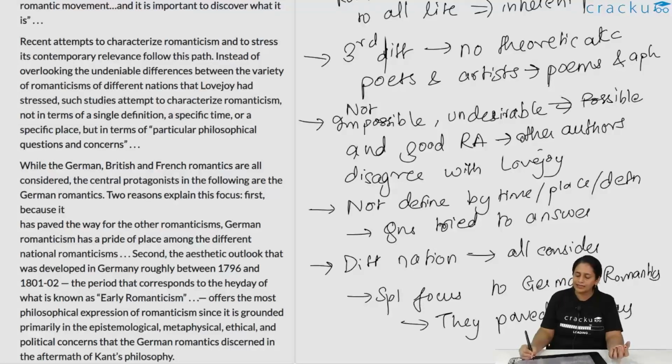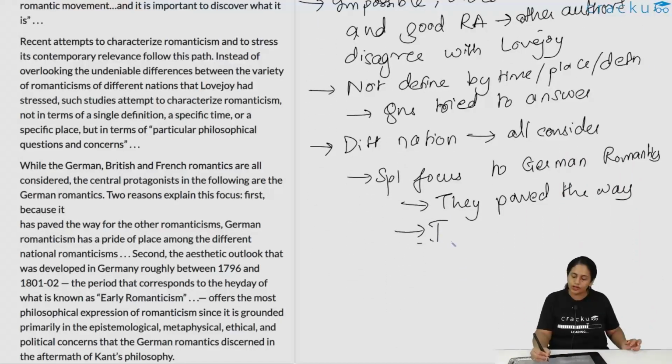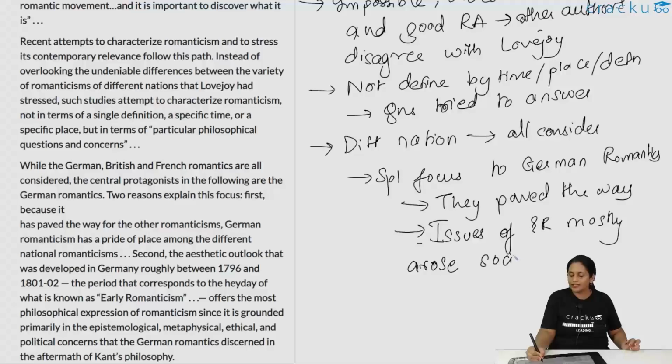And the second reason is that the peak of romanticism, which is early romanticism, is mostly grounded in the issues that were discussed in Germany in the aftermath of Kant's philosophy. So if you consider where those issues rose from, the issues of early romanticism mostly arose from the social conditions of Germany.